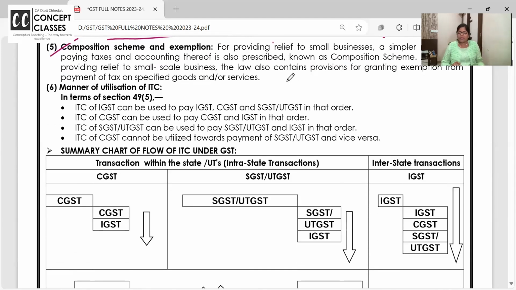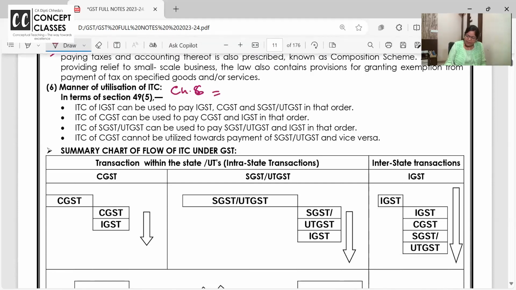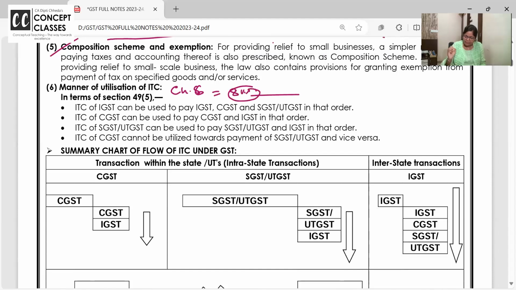Now, most important, crucial part for MCQ, you can say weightage of this is in chapter 6, and together that's 8 marks. What is this? Input tax credit of IGST can be set off to pay IGST.